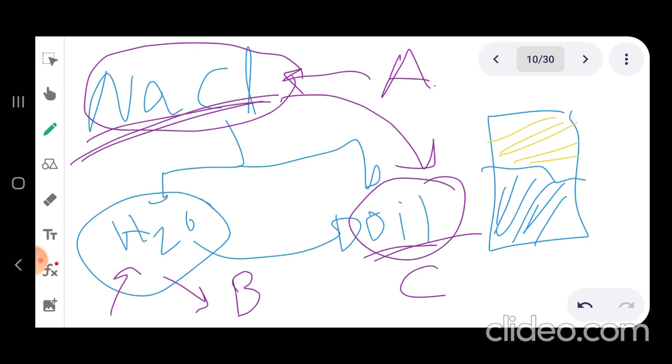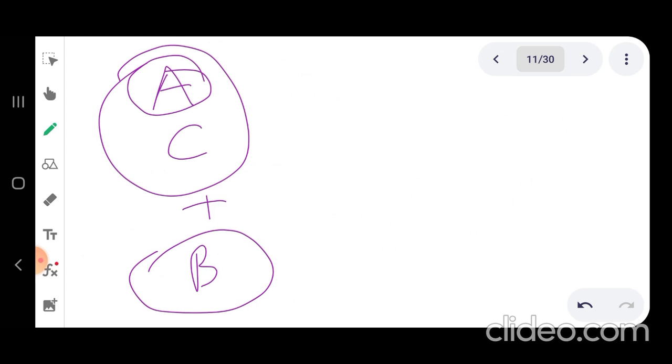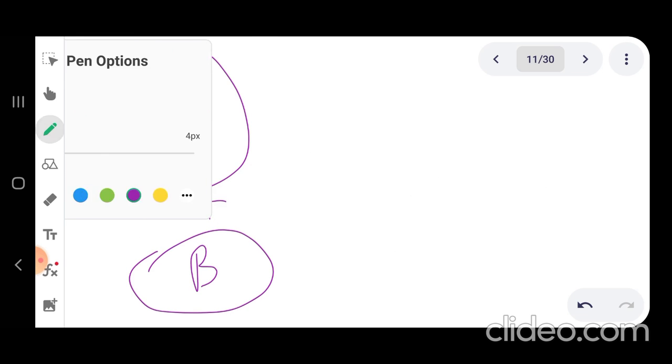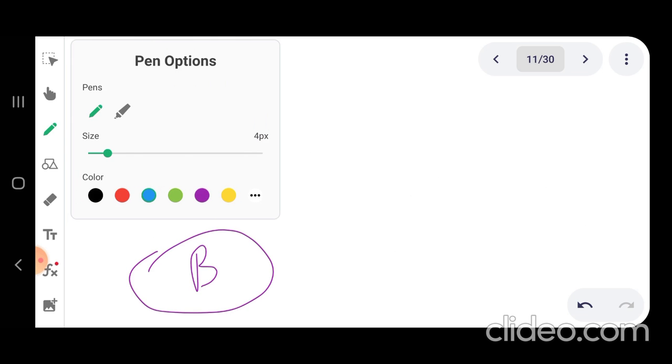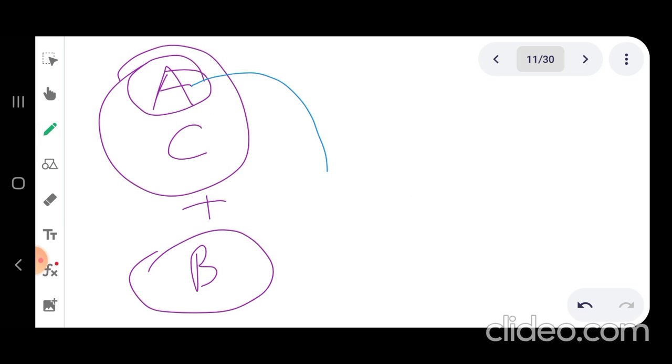You want to separate it. So what you can do is mix it with water, H2O, which we give the symbol B. This water, which is the solvent, will chemically attract this A and will not attract C.